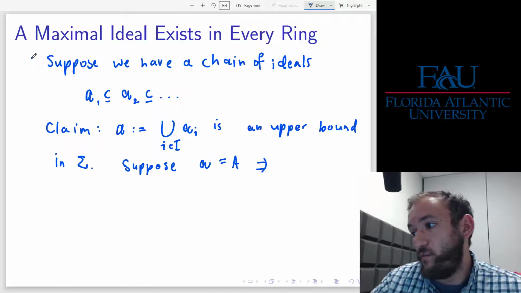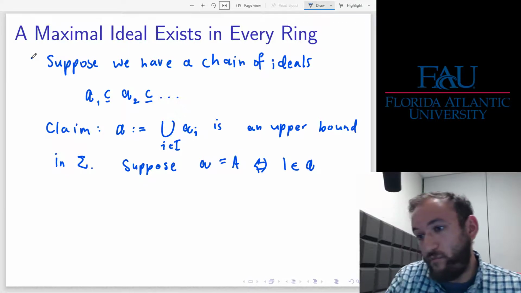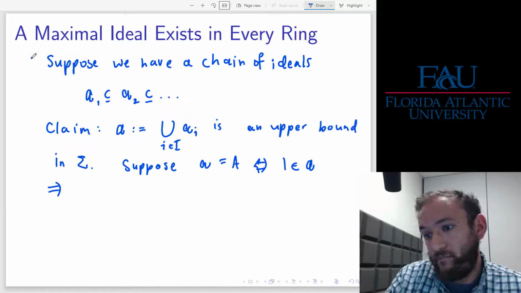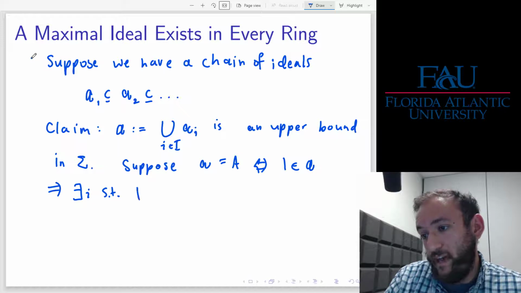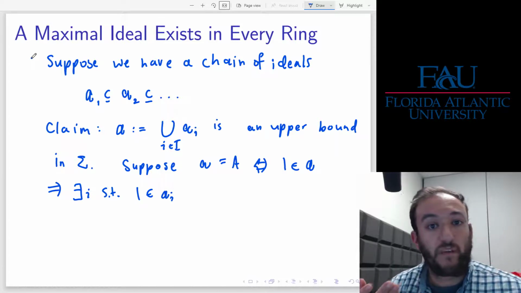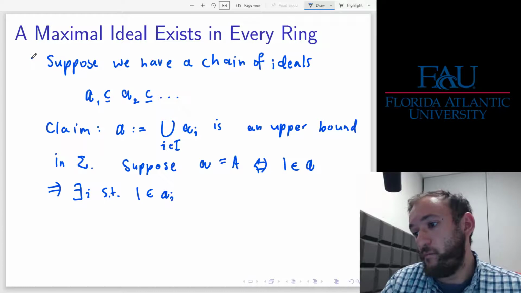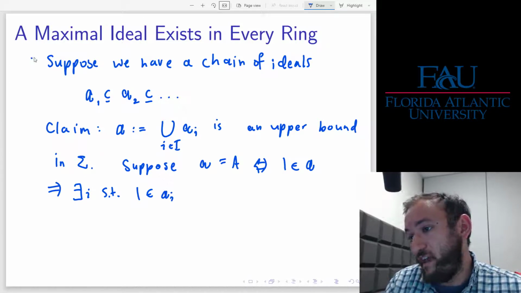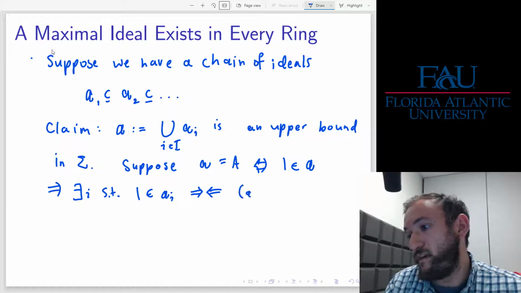Well, that would mean that 1 was in A. But A is a union, and so that would mean that there is some I such that 1 would be in AI, because if you're in a union, then you must be in one of the constituent pieces. But that would be a contradiction because we know that AI is supposed to be proper. So this is a contradiction since AI is proper.